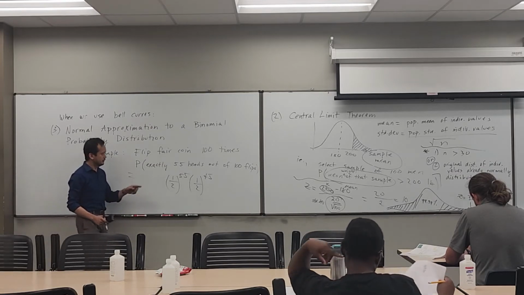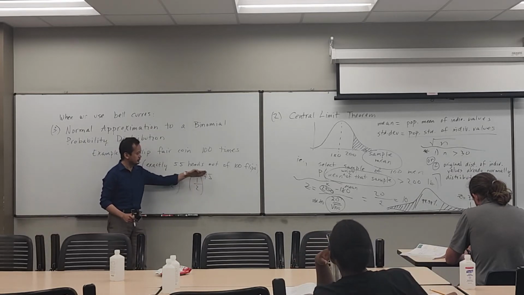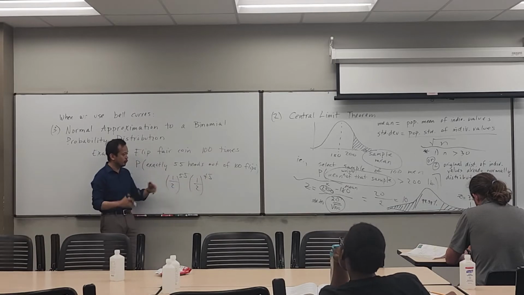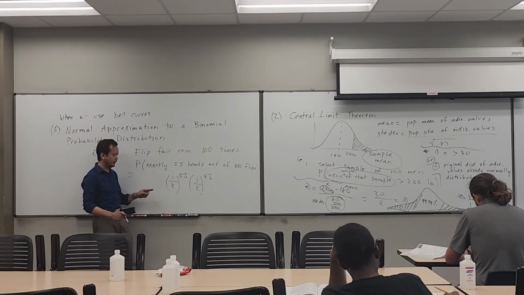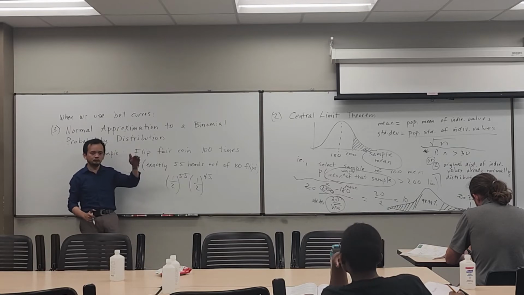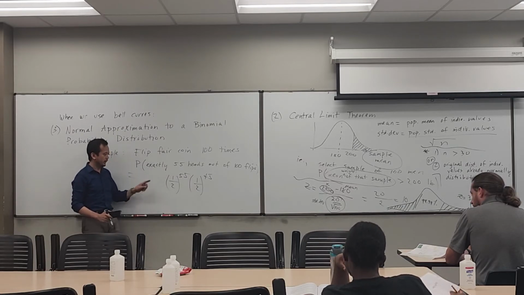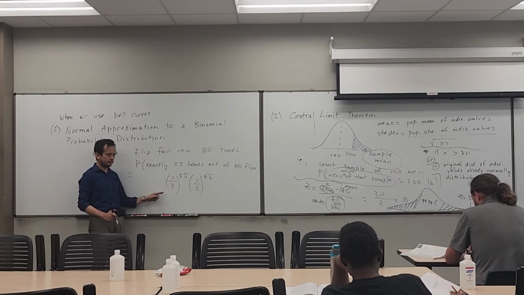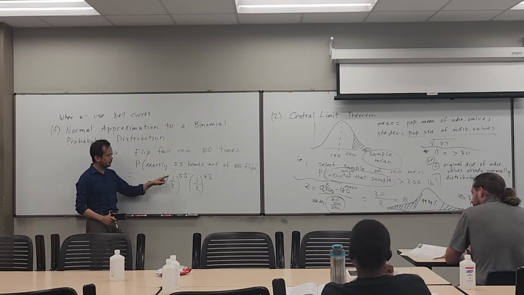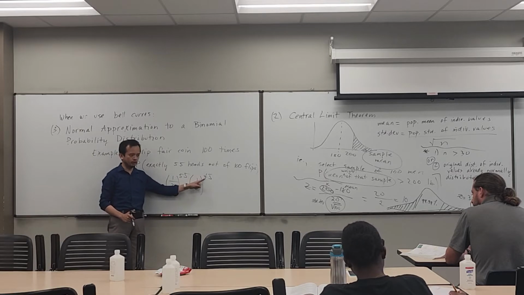Yeah. So this is just one probability for one sequence of 55 heads and 45 tails, but it turns out that there's lots of sequences where you get 55 heads and 45 tails. So now you have to add the number of those sequences together. And the number of times you add it means that you multiply by the number of times. So now you have to multiply by the number of such sequences of 55 heads and 45 tails.